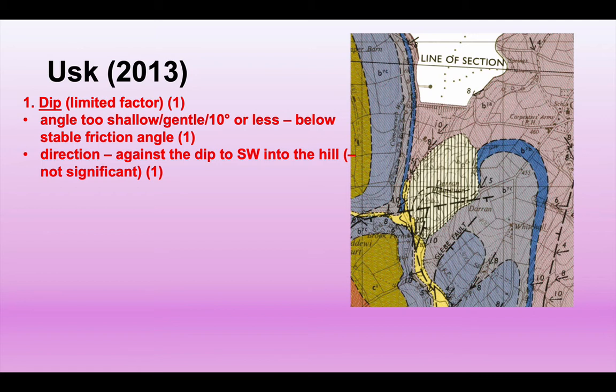That makes the dip certainly stable in terms of a mass movement. But there could be some lubrication or pore water pressure moving along those dipping bedding planes. Any two things there will get you 2 marks.